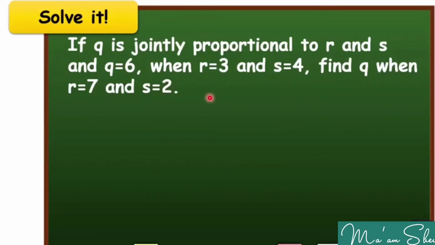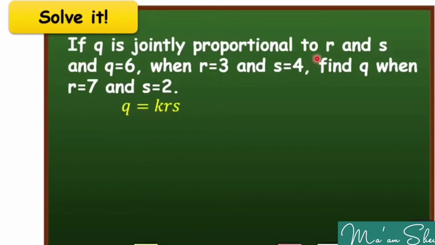So, this time, hindi lamang constant of the variation ang hinahanap natin, hindi lamang si K, kundi hinahanap din natin ang value daw ng Q kapag ang R ay equals to 7 at S ay equals to 2 after considering yung una nating statement.